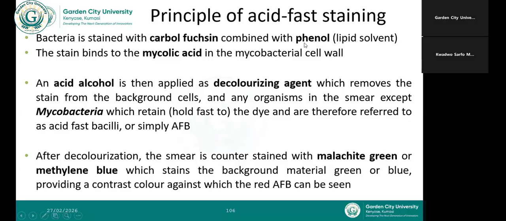With the presence of the phenol, it binds to stain the cell wall, which has this mycolic acid in the mycobacterium, and then an acid alcohol is applied. Remember, we said that they resist decolorization. So this will remove the background cells and any organism that does not have this mycolic acid.